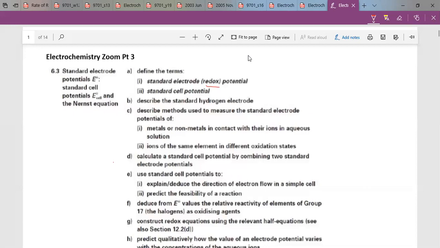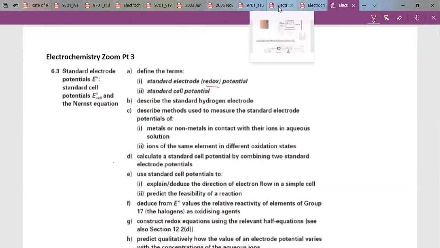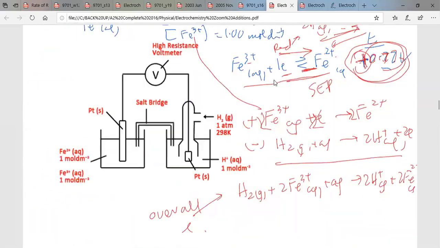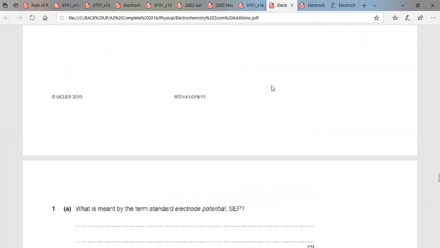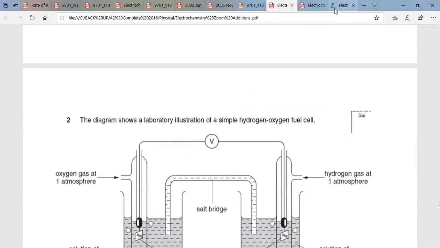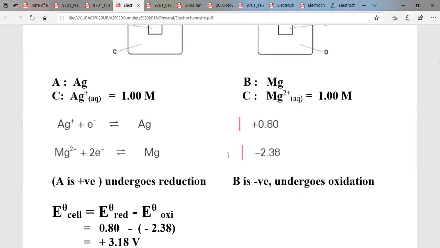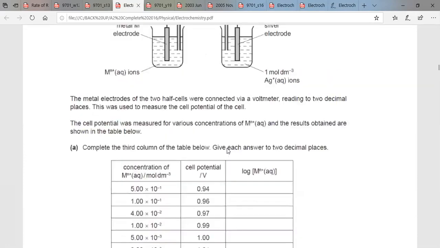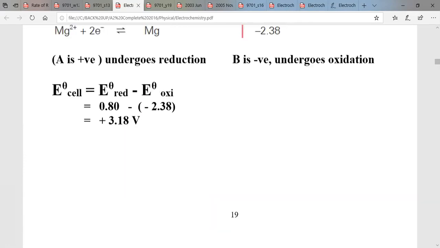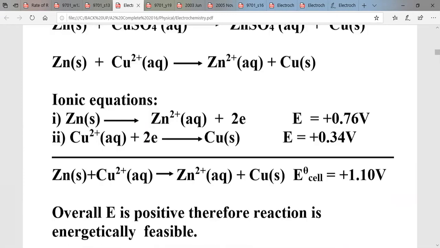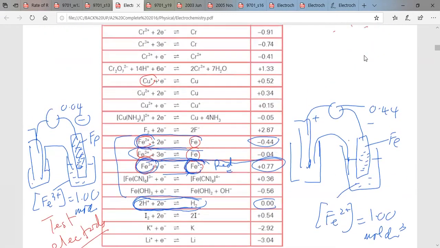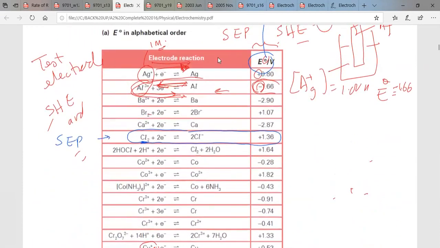So we develop the whole thing there, all the table of values. If you want to look at it again, this whole series here is developed with this part being the test electrode.